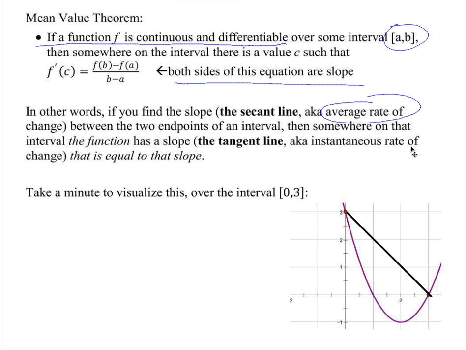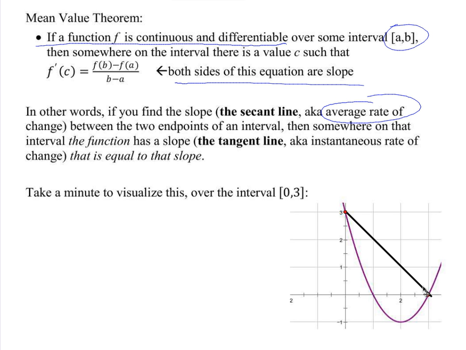So the instantaneous rate of change would be the slope somewhere, specifically anywhere on that curve. And what this is saying is the instantaneous rate of change at some point over the interval has to be equal to the average rate of change over that interval. And rate of change, of course, can be anything from speed to like a falling object or whatever, okay?